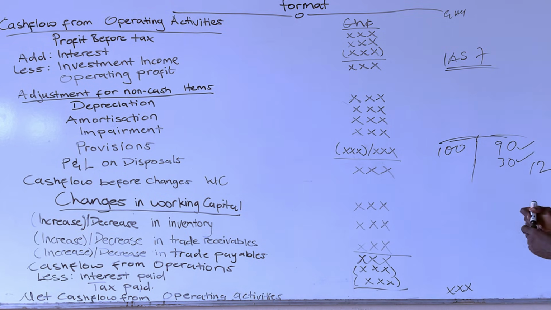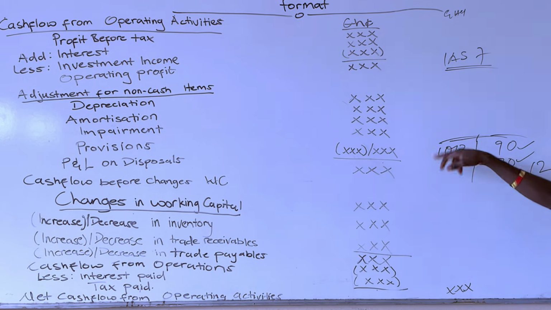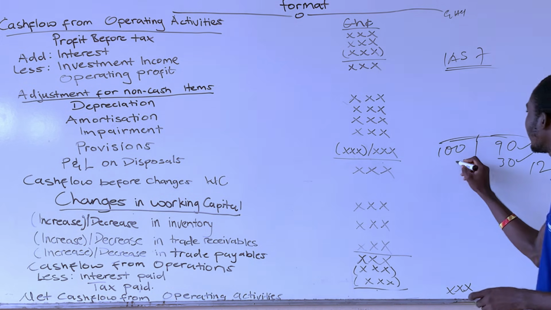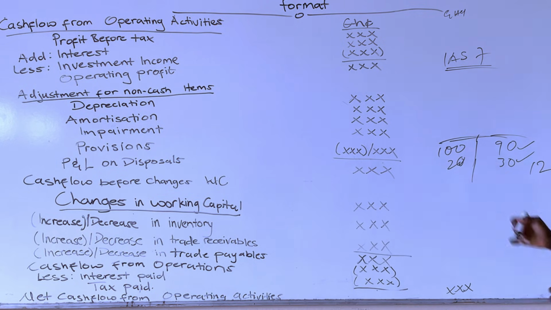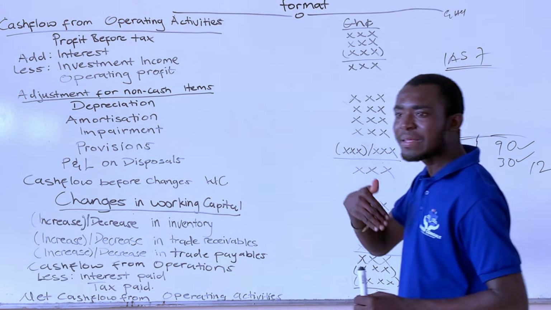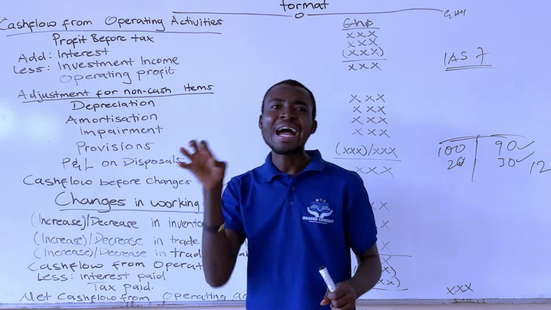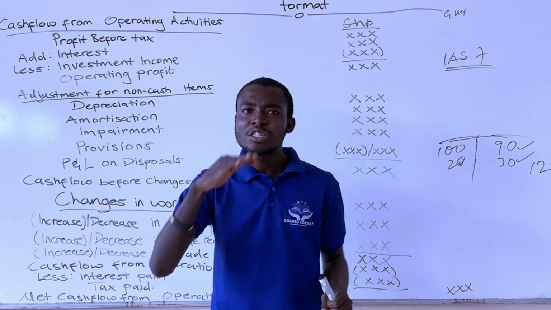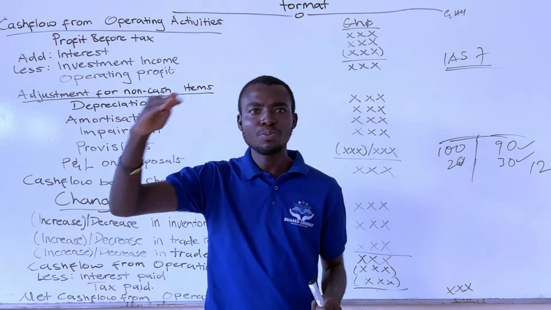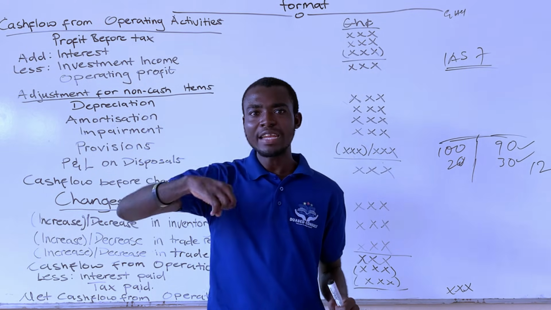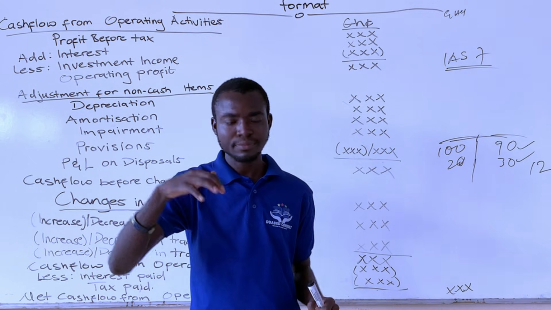And we bought the asset for 100 cedis. So the total benefit that we receive from the asset exceeds the cost, which means we have made a profit of 20. Whenever the organization makes a profit on disposal of assets, we add it to our gross profit, which overstates our operating profit. So you less it to get the actual operating profit.